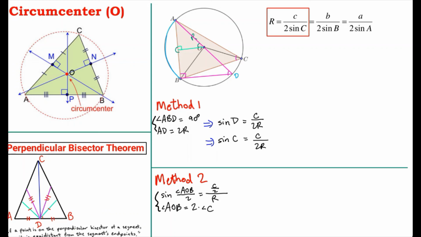Because of this, you can put C into this over here, making it so that sine of angle C is equal to C divided by 2 divided by R, which, surprise, surprise, is equal to C divided by 2R. There you go. That's 2 ways to prove this formula involving circumcenters.